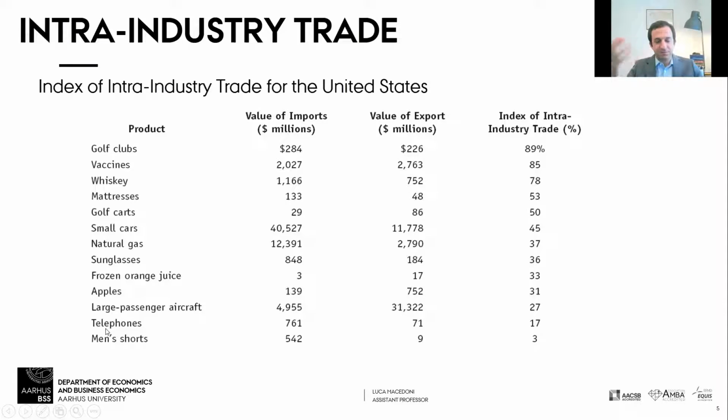Imagine old school telephones here. And here you have men's shorts, with an index of intra-industry trade of 3%. So what is the main difference between vaccines, whiskey, and men's shorts? Or even apples, with an index of 31%?